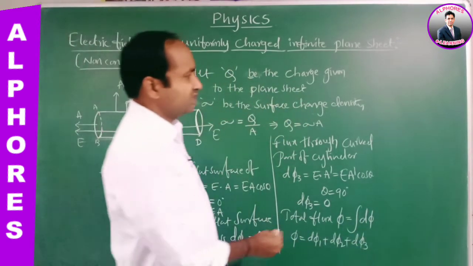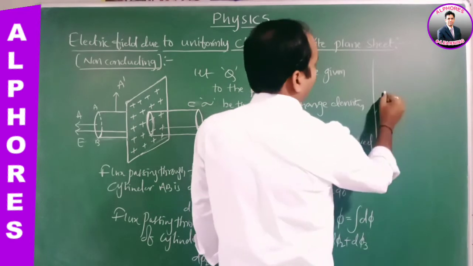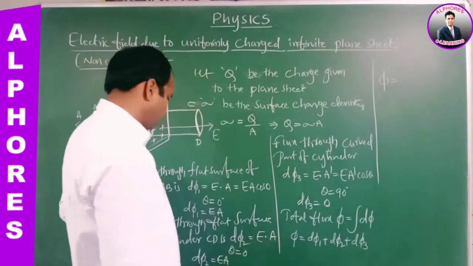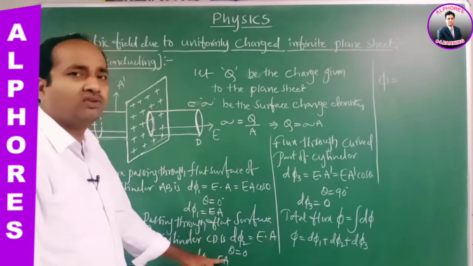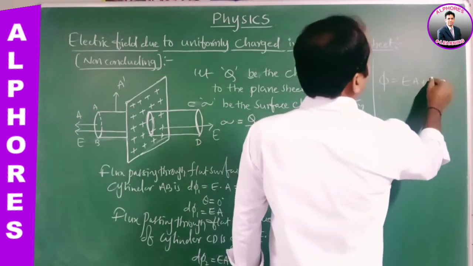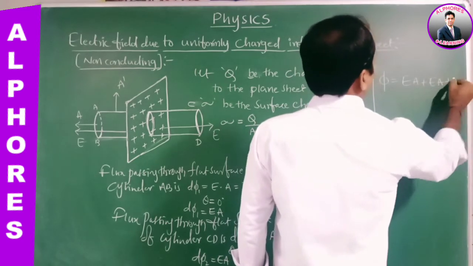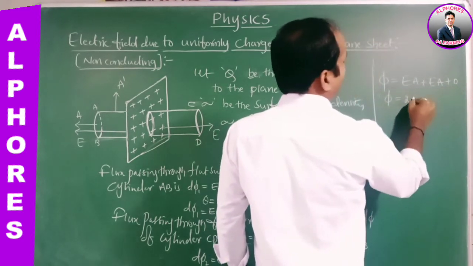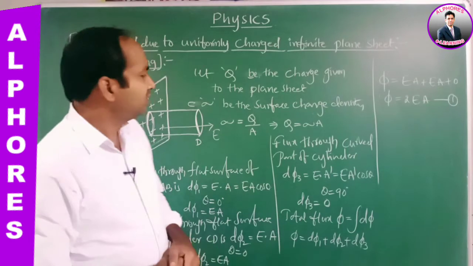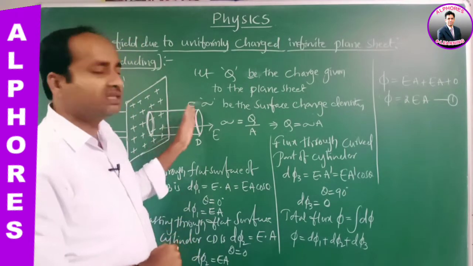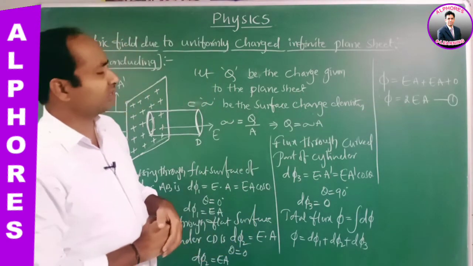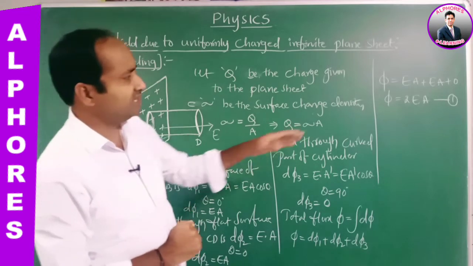Phi is equal to d phi 1 value EA, d phi 2 value EA, but d phi 3 is 0. EA plus EA plus 0, that is phi is equal to 2EA. Let us take this as equation number 1. The total flux passing through this Gaussian surface is 2EA.